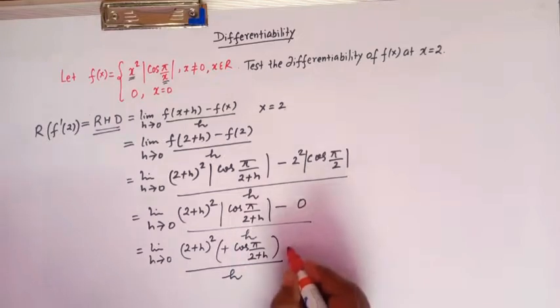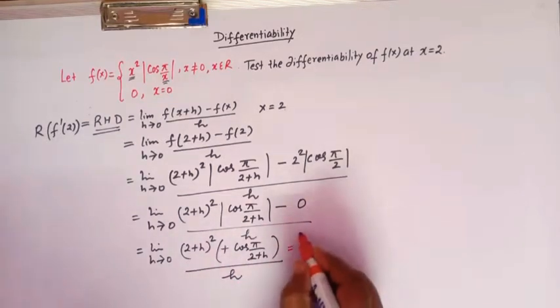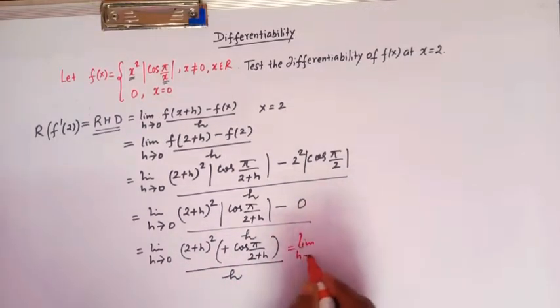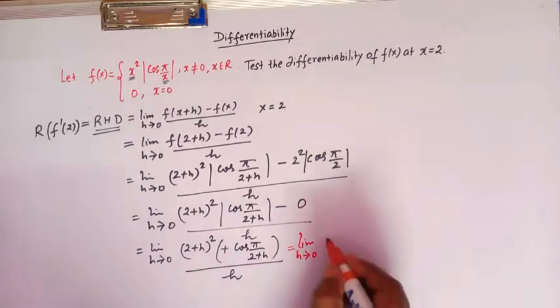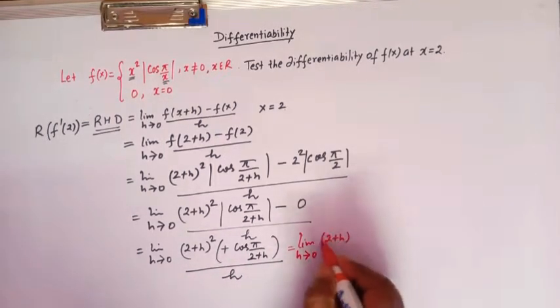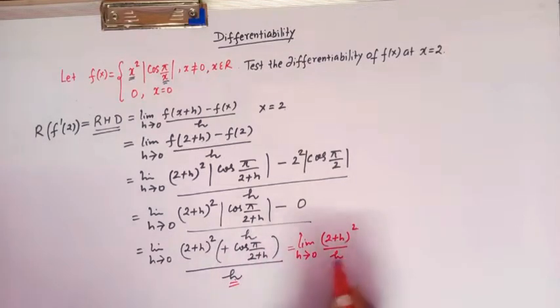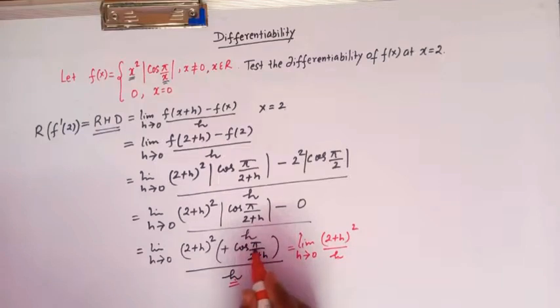So now viewers, here we can further simplify it by writing limit h tends to 0, (2 plus h) square over h. This h is this one, and here we have cos of (pi over 2 plus h).